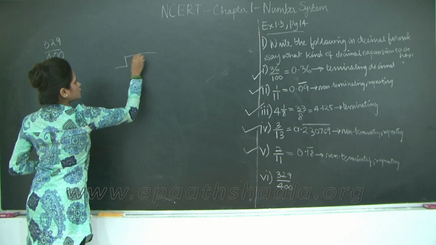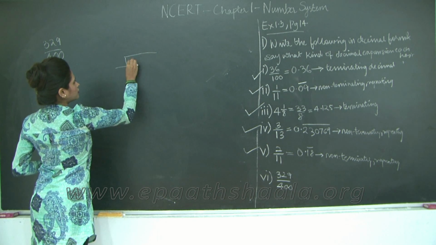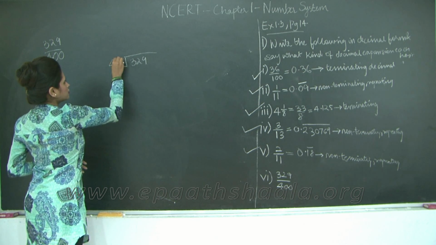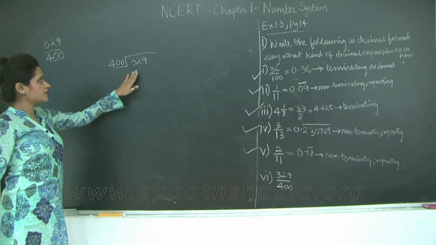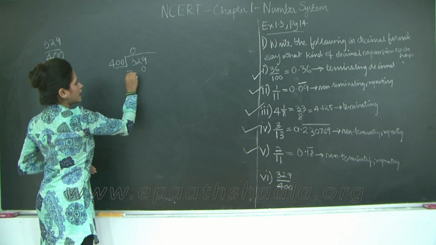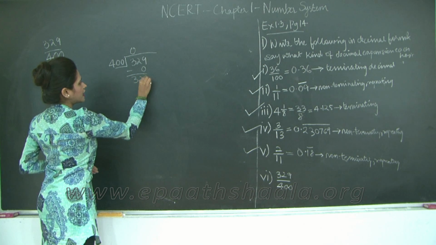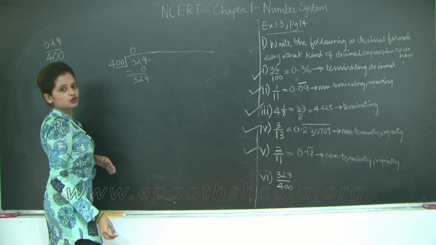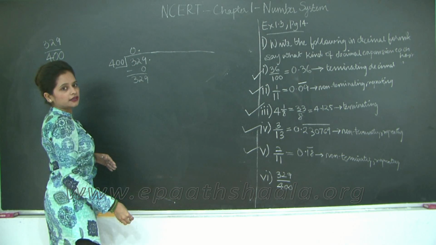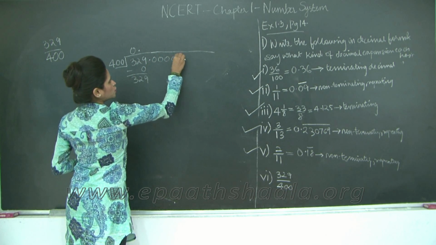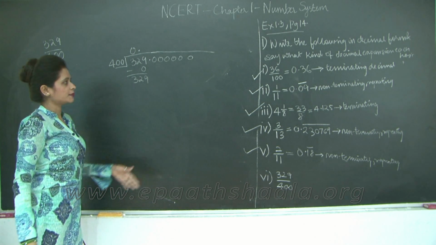So I have 329 as my dividend and 400 as my divisor. Obviously 400 cannot divide 329, so I'll say 4 zeros are 0 and I bring down 329 as it is, and I add a decimal to my dividend as well as to my quotient. I add a couple of zeros to my dividend so that we can do the decimal expansion.